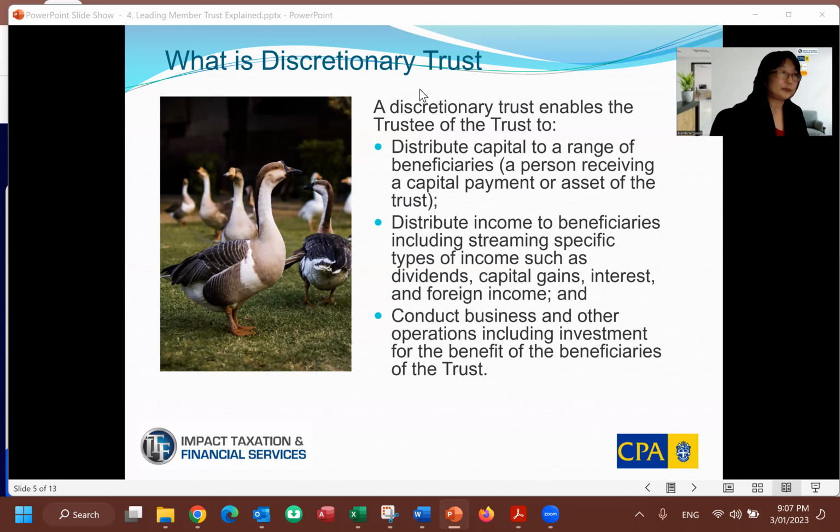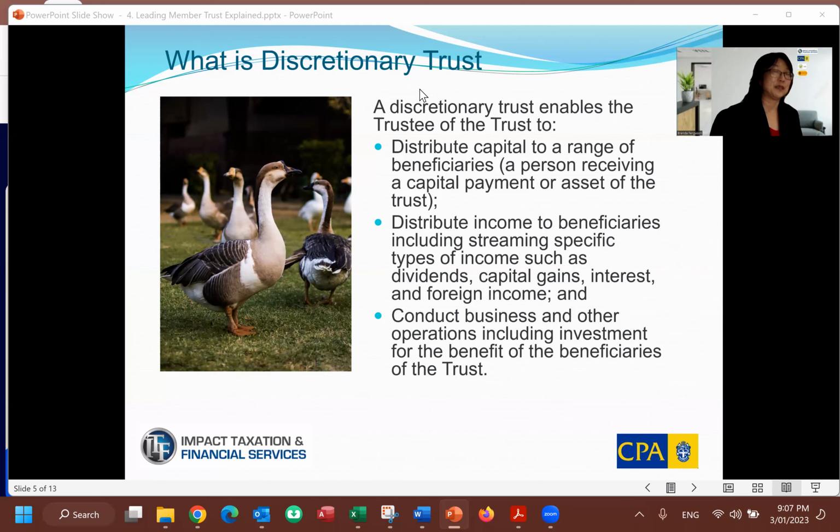A discretionary trust can also be used to conduct business and other operations, including investment for the benefit of the beneficiaries of the trust. It actually happens quite often. People use a family trust. You can potentially run an online business, an eBay business in a family trust, or a restaurant, or say a furniture store.